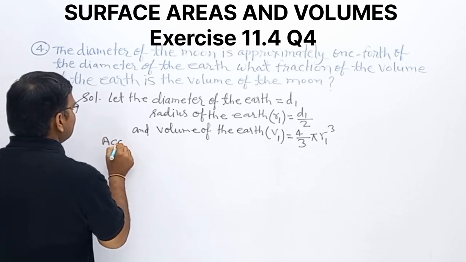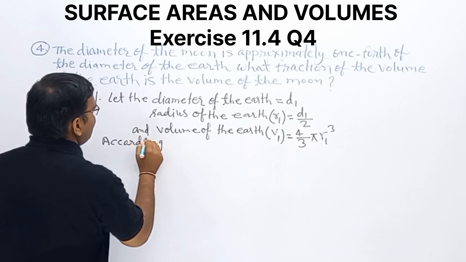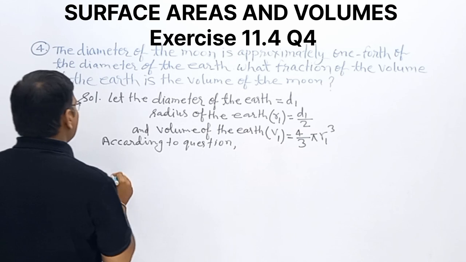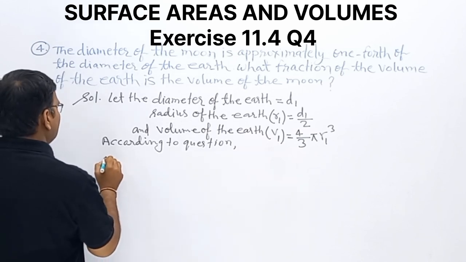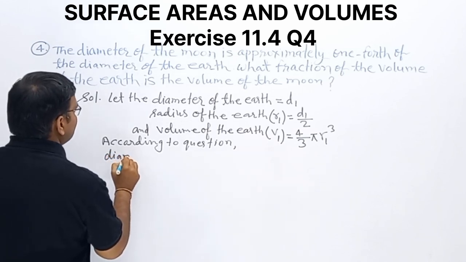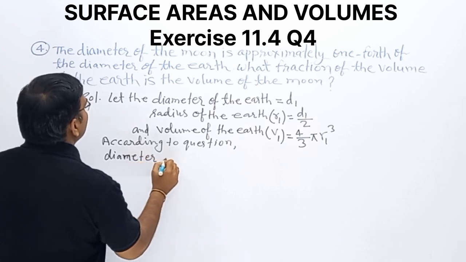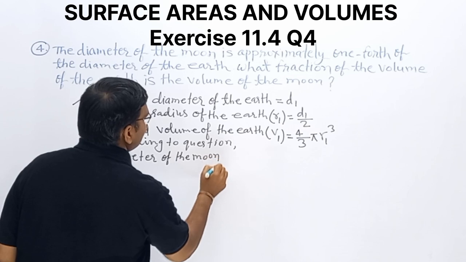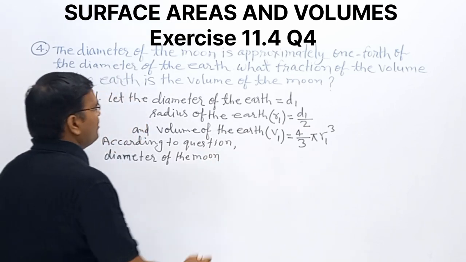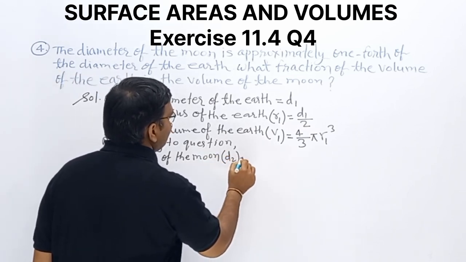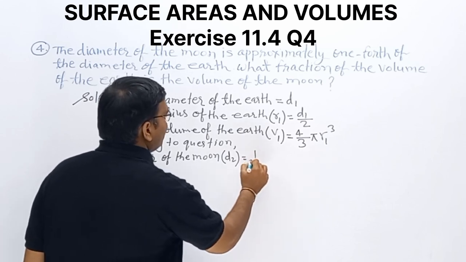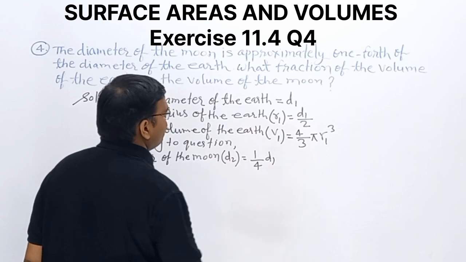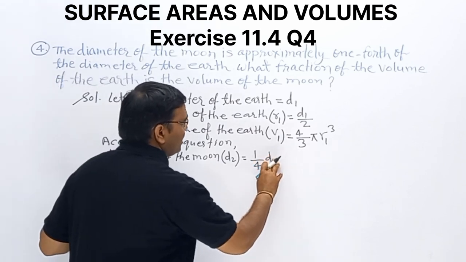According to the question, the diameter of the moon, I am taking this one as d2, and it is 1/4 of the diameter of the earth, d1.